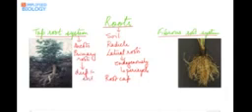It swells up, and from it develop lateral roots. So they are deep feeders, that is, they penetrate deep into the soil. Example of such root is mustard.